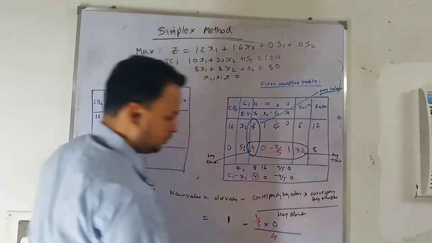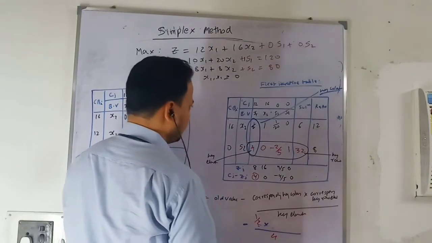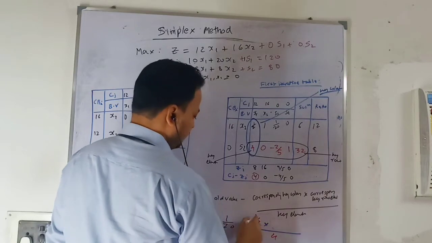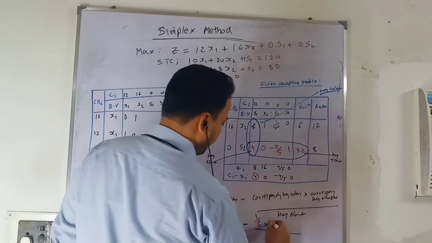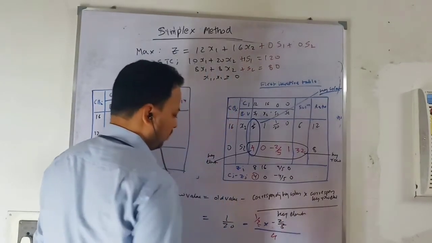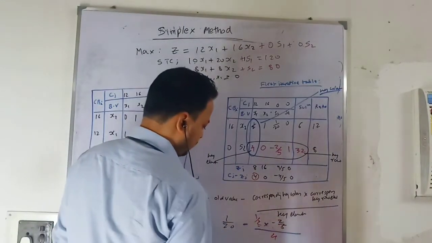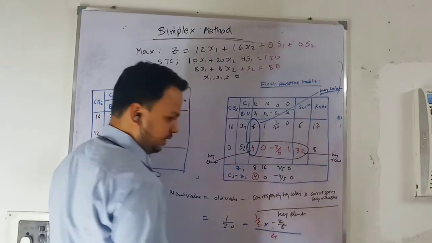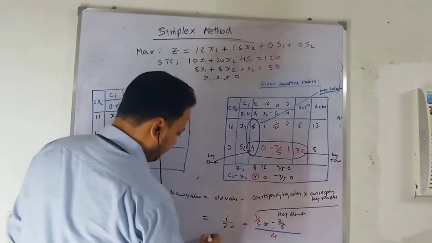Okay? Now, key element remains the same, so I will just keep it. On value is 1 by 20 minus corresponding column value is 1 by 2. Corresponding row value is minus 2 by 5 divided by key element 4. Okay? So what will it be? 2 will cancel out. So it will be minus 1 by 20. Okay? So minus 1 by 20, here you have minus sign.